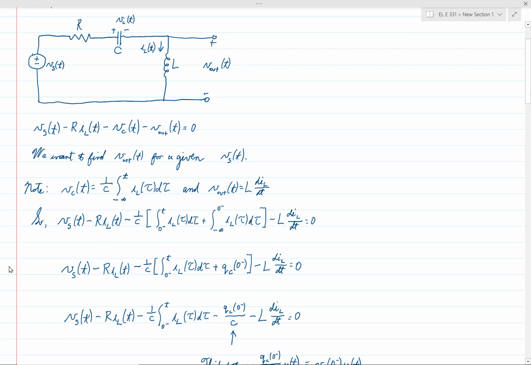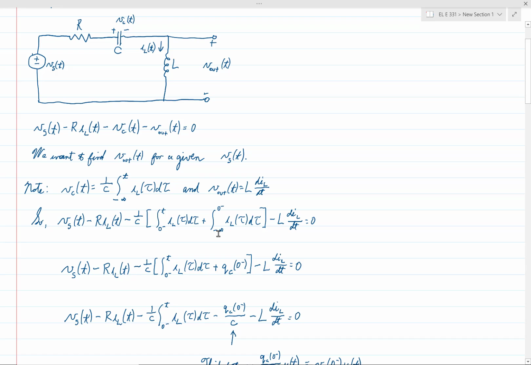When we substitute the expressions for Vc of t and V out of t into that equation, we get this equation down here: Vs of t minus R IL of t minus 1 over C, and notice that I've broken the integral up. Up here I have the integral from negative infinity to t, but I've broken that into two pieces: an integral from 0 minus to t and an integral from minus infinity to 0 minus.